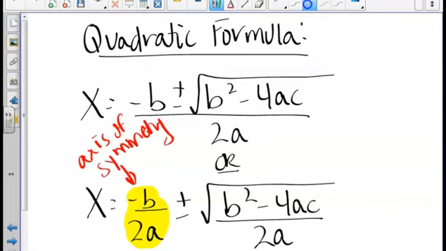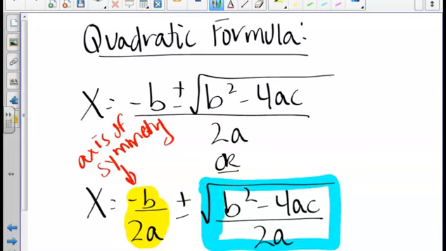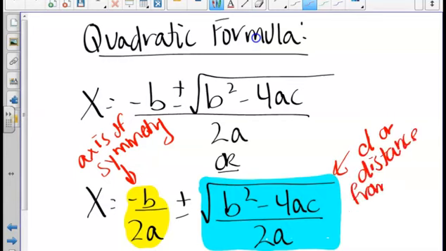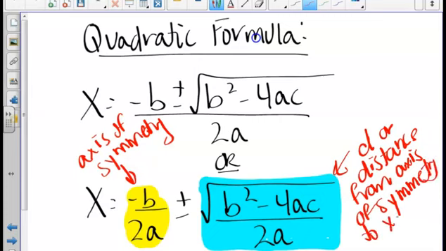And this value on the right side, which includes the square root of b squared minus 4ac divided by 2a, recall from our previous example that this value will always be our d, or the distance from the axis of symmetry to each x-intercept.